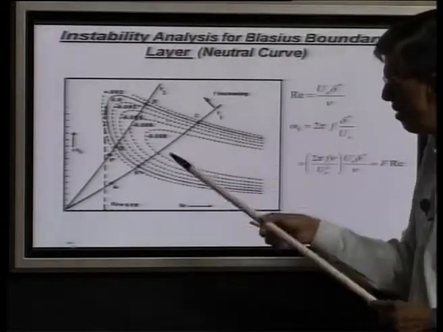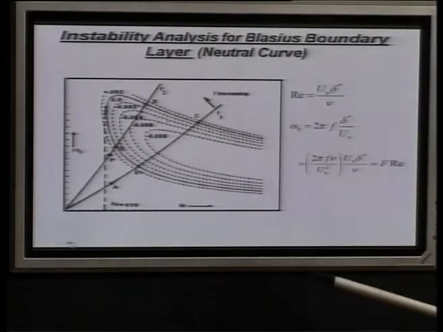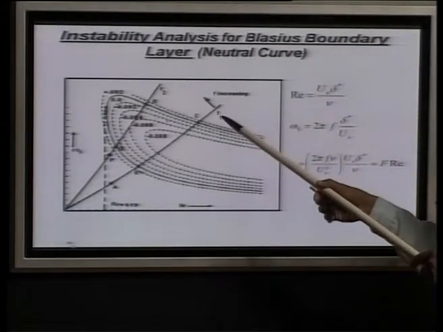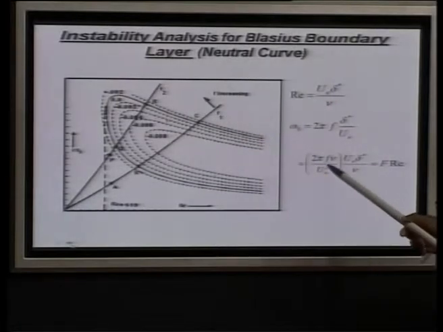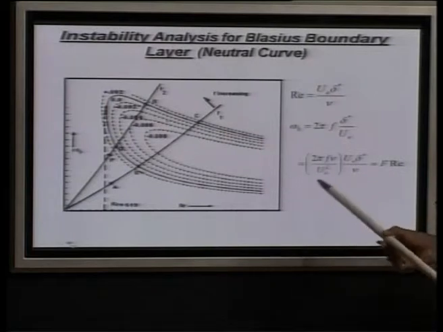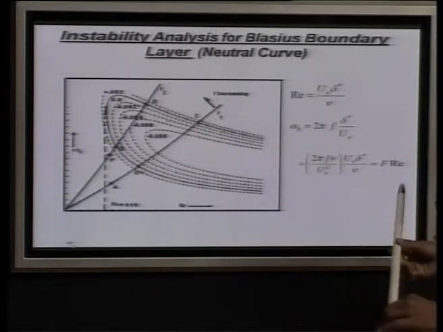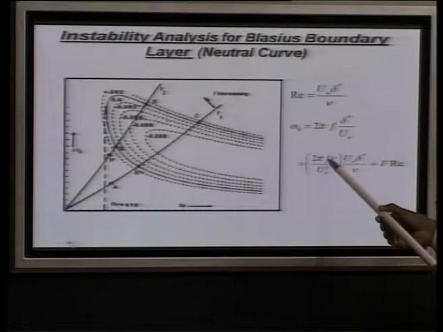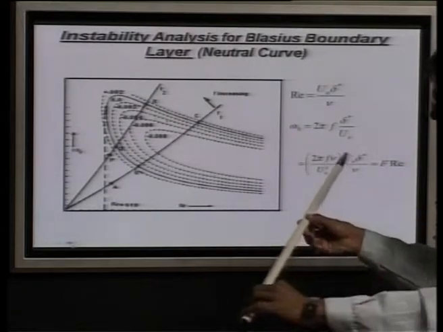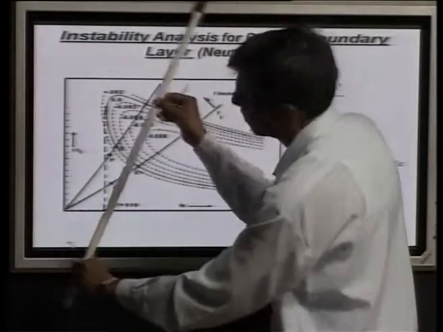We have drawn many such straight lines, and each one indicates a particular value of this f, capital F or lowercase f. And what happens? As the f increases, the frequency increases in hertz, we go from here to here.